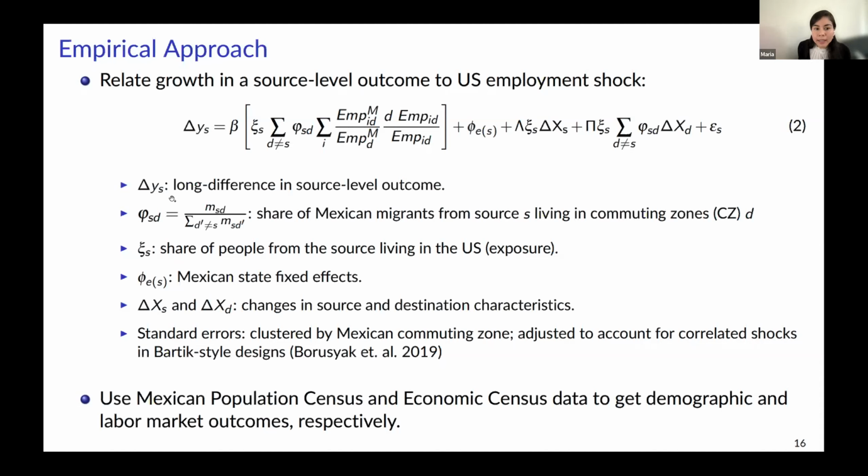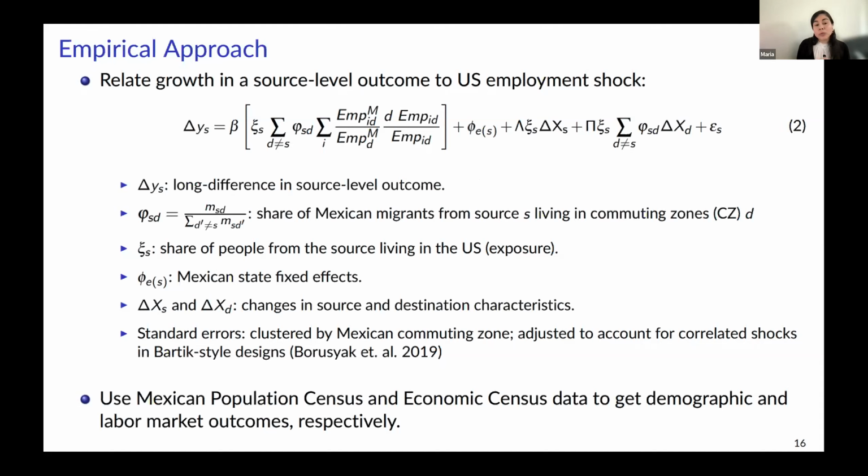Delta Y represents the long difference in a specific outcome at the Mexican municipality. We also include the share of people that is actually living in the US, and we call that measure exposure. And we include Mexican state fixed effects, and controls for changes in source and destination characteristics.